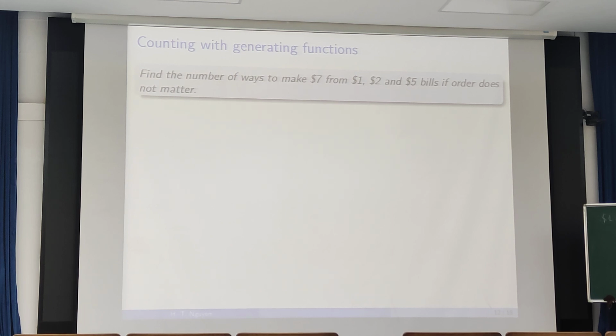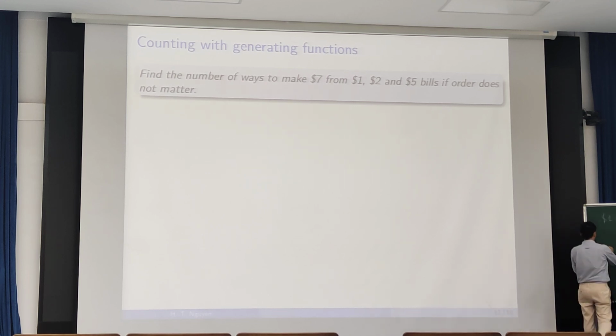This is 1, this is 2, this is 3. So this is 1 note, so we have x. There is one way to make this, so you have x squared and x cubed and so on.